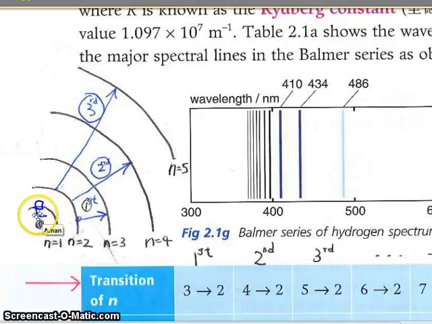However, this electron is somehow excited, and then it may go to other electron shells such as this. So maybe the electron absorbs energy and is excited to the 5th electron shell. Later on, it falls back to a lower energy level electron shell. For example, just like this, the electron falls and goes back to here.